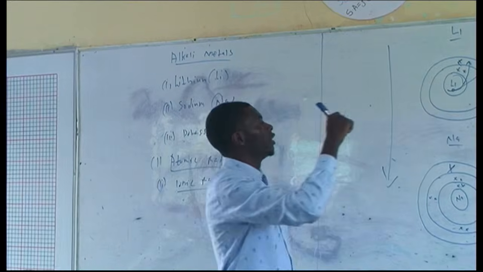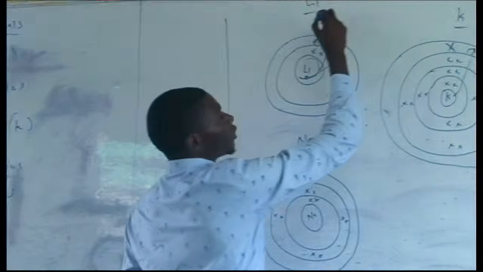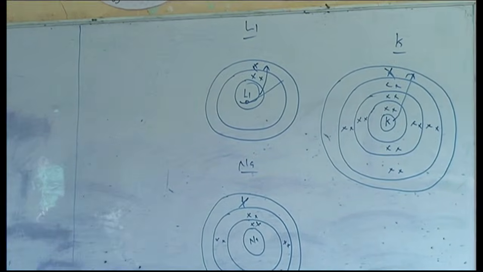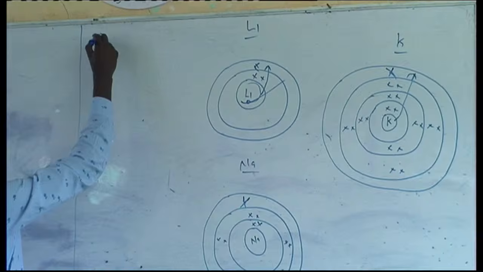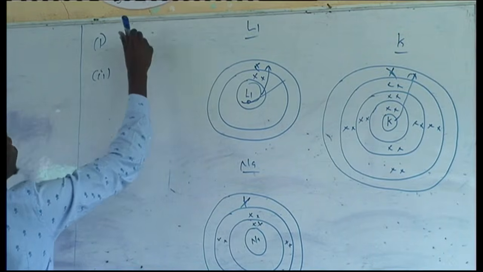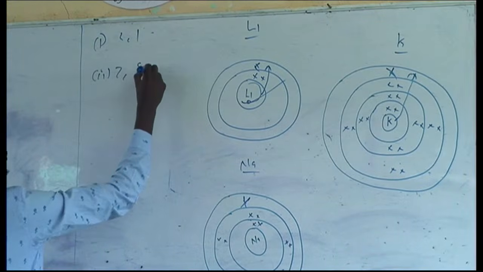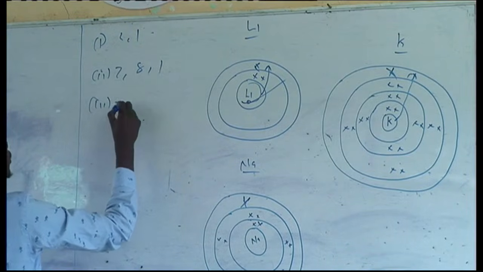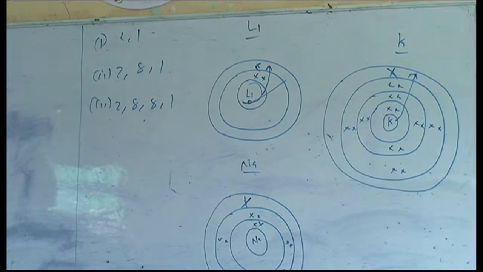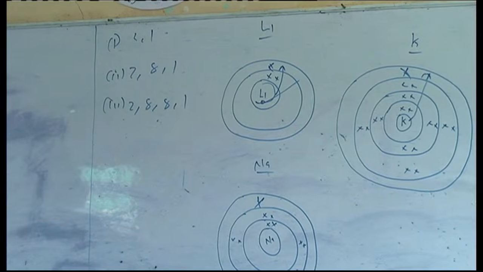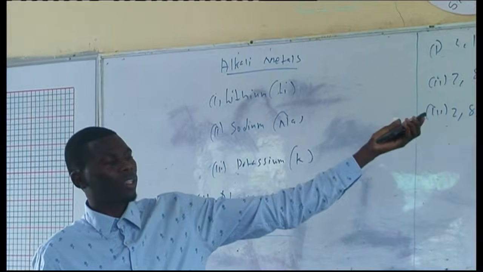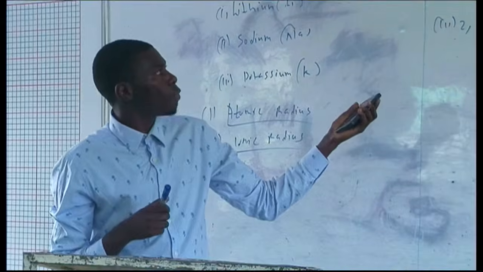Let us see the electron configuration of lithium: 2,1; sodium: 2,8,1; and potassium: 2,8,8,1. You can as well use s and p notation. That will be your assignment: use s and p notation on the electron arrangement of these elements.